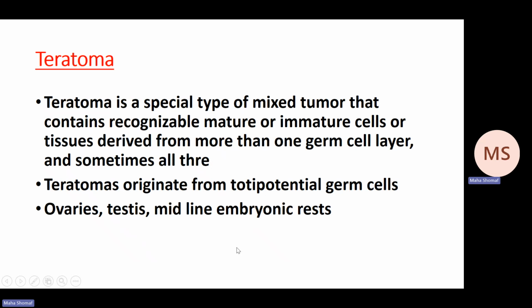This tumor can contain all types of tissues present in the body. Usually teratomas, classically, they appear in ovaries, testes, and in the midline arising from embryonic cysts, and that's why we can see it in the mediastinum or in other sites in the midline.